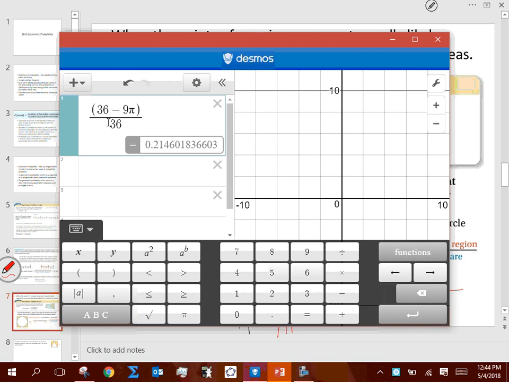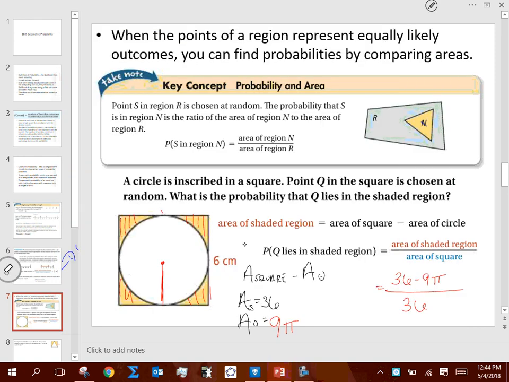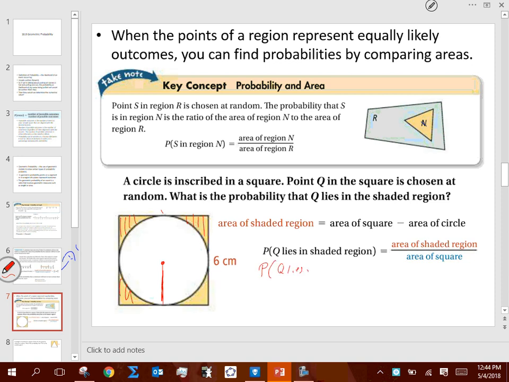What's the probability that I don't land in the shaded region? Okay, this is the way maybe we could write this. Let's just say that this probability here, the probability that Q lies in the shaded region, we just said that was 0.21, right?